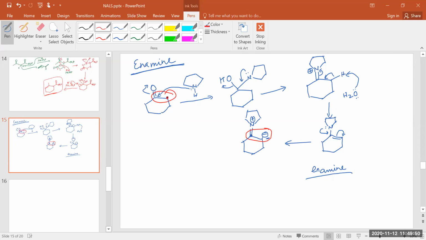This is the alpha carbon and you have a negative charge, and it's a soft nucleophile, just like the negative charge in enolate formation. So when you react enamines with alpha beta unsaturated ketones like this, what will happen? This will come here and this will undergo Michael addition.